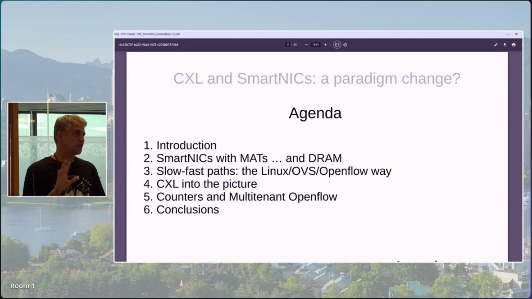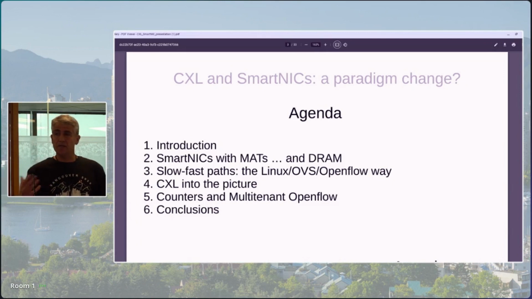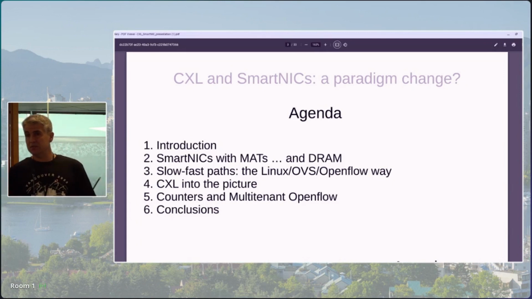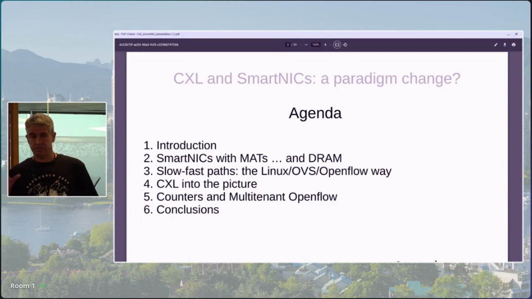I hope it's not confusing, but I think it is required for understanding what we are talking about when we refer to this slow path and fast path. And I will introduce the Linux TC used for this semantic functionality solution to have the offload, and I will describe the problems that we have now. So hopefully once I have done that, I will be ready for presenting how CXL can help there.